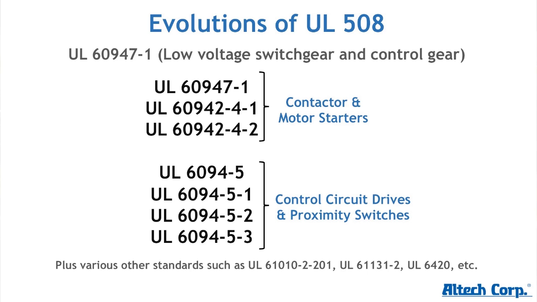The bigger part is UL started probably about 10 years ago to try to harmonize 508 with especially IEC standards. Problem is, it's very timely, very costly, very difficult, very complicated to get all these components UL 508 approved, listed, most of them.